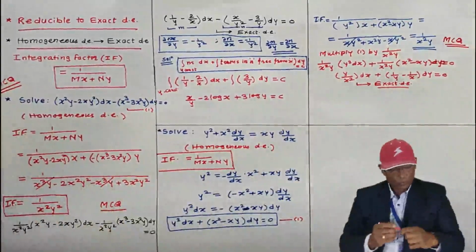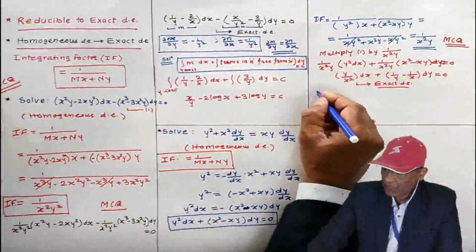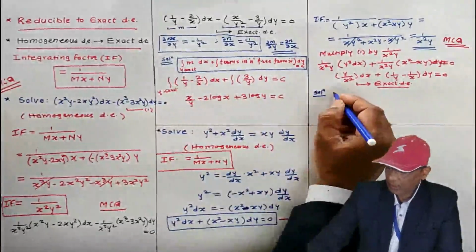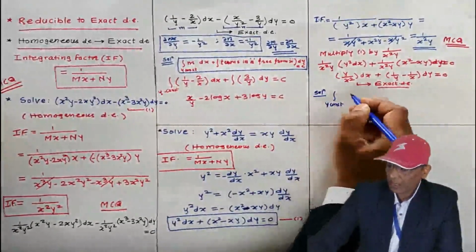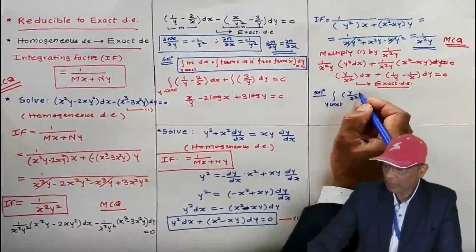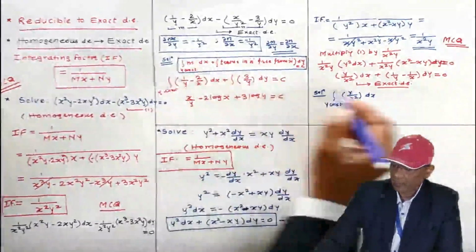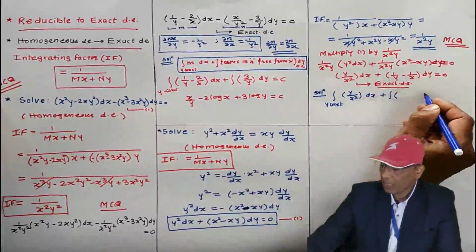Now I am going to solve this equation. If the equation is an exact equation, you can easily solve it. See this formula: integral of M with respect to x, keeping y constant, M being the coefficient of dx, and the terms in N which are free from x.